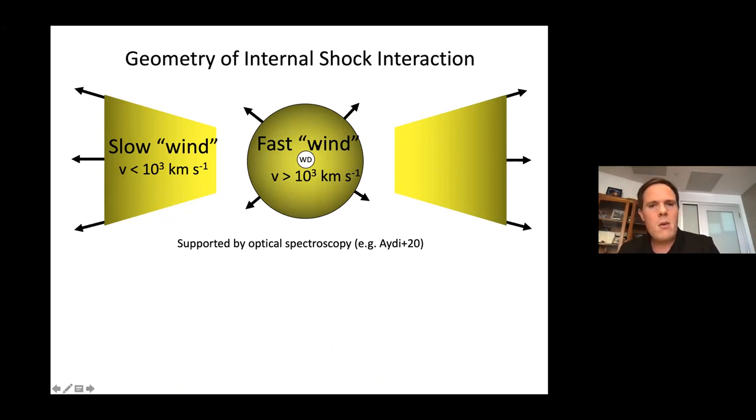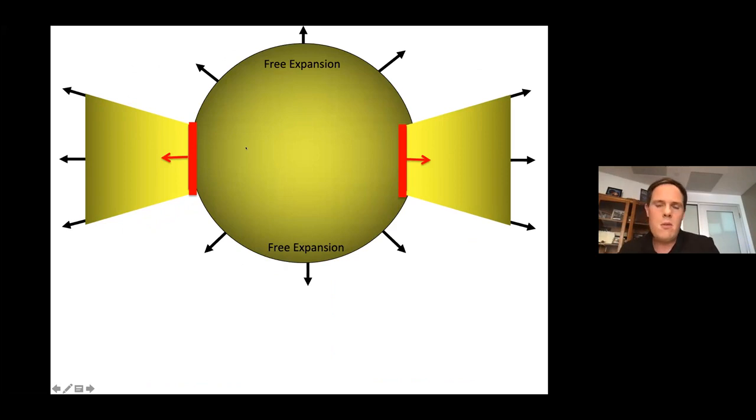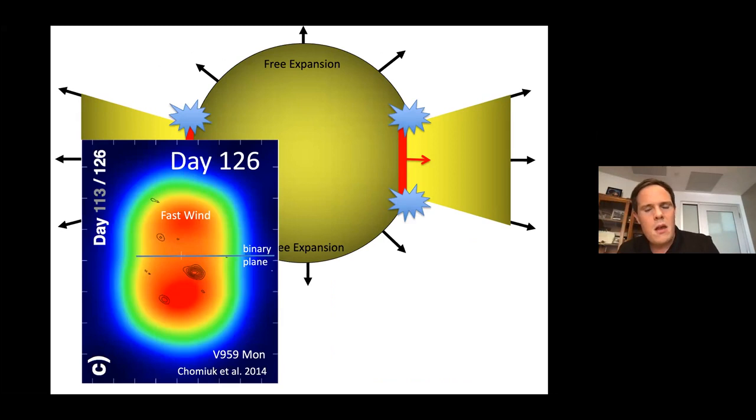And then obviously now you have a fast outflow inside of a slow one, and there will be shocks in the collision between these two. Predominantly, we think in the equatorial plane, which generates the gamma rays, but then in the polar regions, the matter will be more or less free to expand. And evidence for this is supported by VLBI imaging, radio imaging of this particular gamma ray nova, which at relatively early times, day 126, you see this bipolar lobe-like structure shaped by the equatorial material.